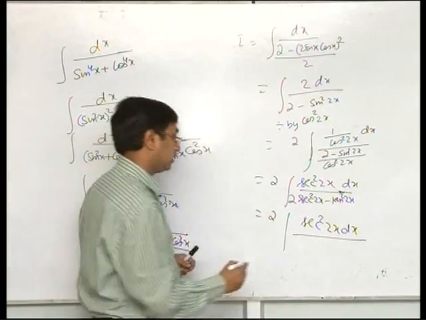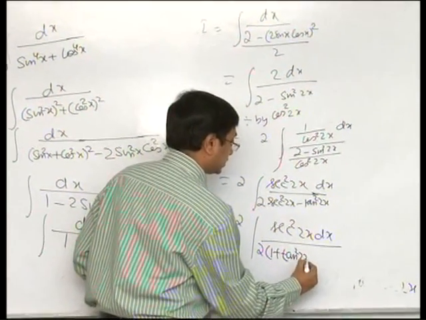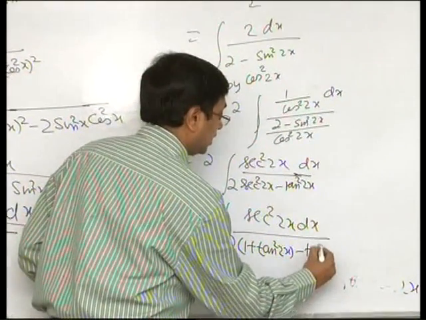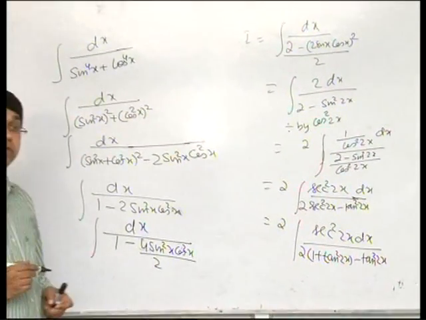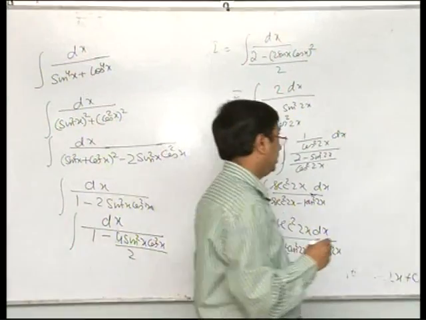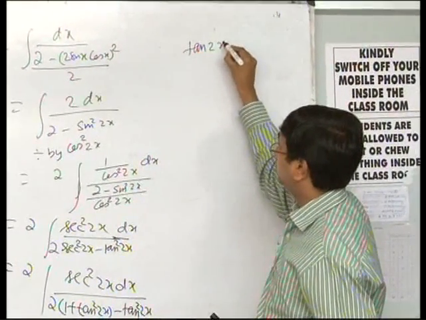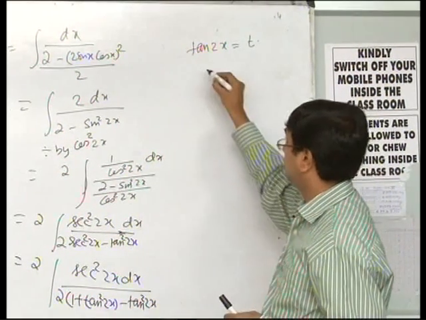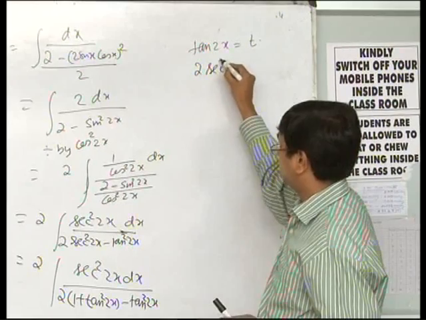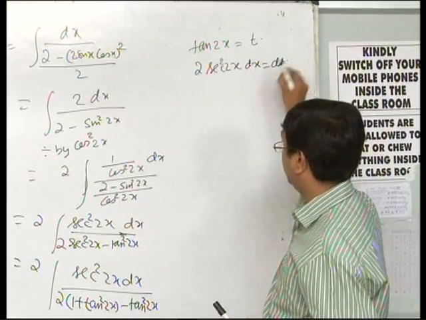So once we have that, this problem can be solved again very easily. 1 plus tan square 2x minus tan square 2x. So now you just need to put tan 2x equal to t. Once you put tan 2x equal to t, what will you get? 2 sec square 2x dx equal to dt.